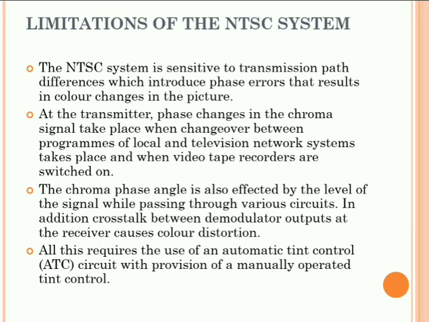There are two synchronous demodulators, one is the I demodulator and the other is the Q demodulator. The second input to these demodulators is the subcarrier frequency produced by the subcarrier oscillator, with a phase shift of 57 degrees for the I demodulator and plus 90 degrees, that is a total of 147 degrees, for the Q demodulator. After the demodulators, the signal is passed to the amplifier and then to the adder or matrix, which produces the R minus Y, G minus Y and B minus Y signals.